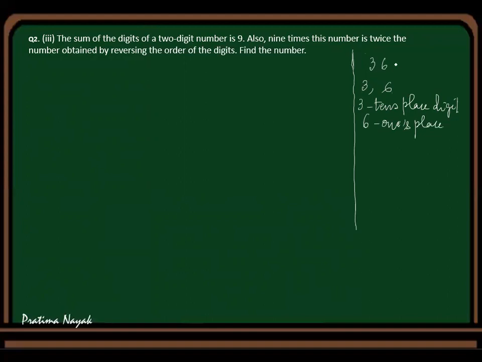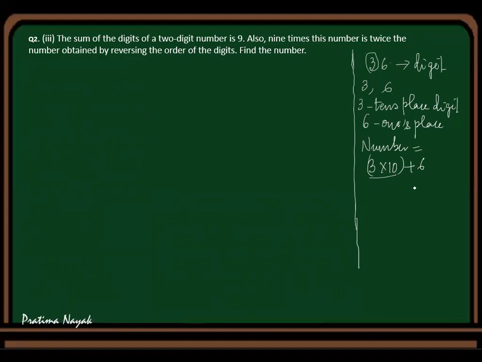So these are digits. When we write the number, the number is not 36. The number is 3 into 10 plus 6. Whatever is in the tens place is multiplied with 10, plus the ones digit.